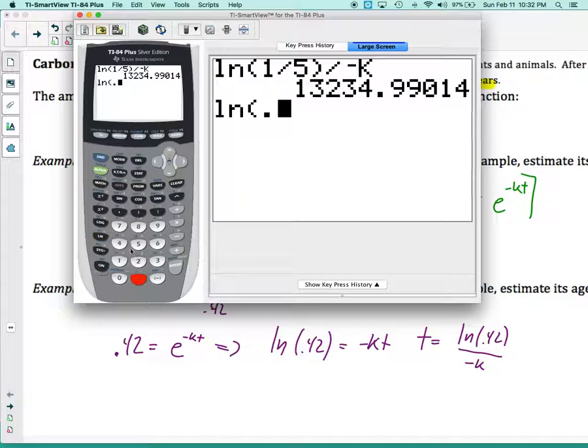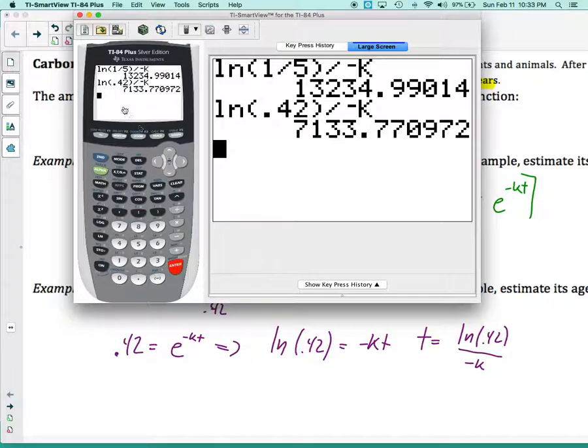Natural log 0.42. Now k is still the variable that I assigned it for earlier. That's one of the things that's nice about that storage function. It holds onto that stuff until you reset your calculator or until you reassign that variable a different value. So here we get 7,134 years. So let's call that 7,100 years old.